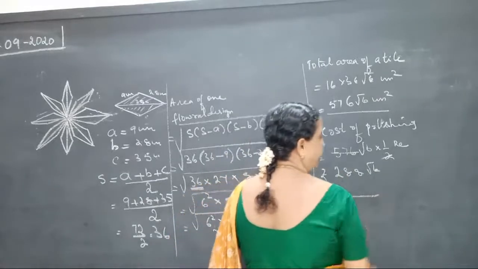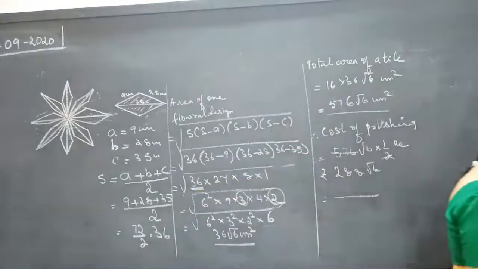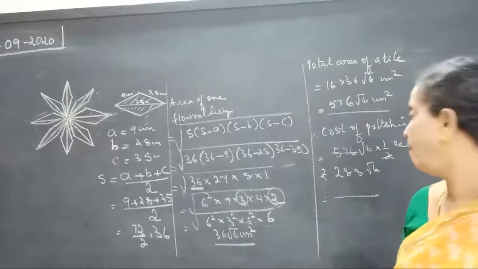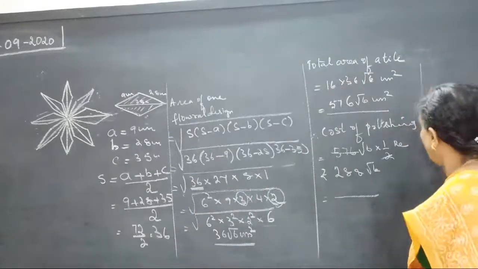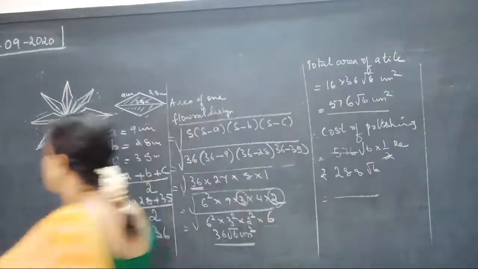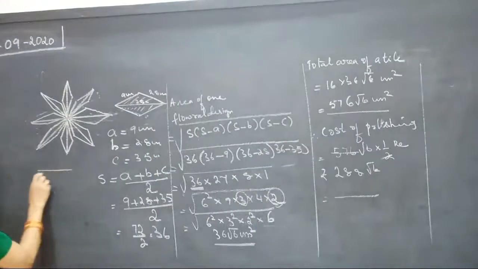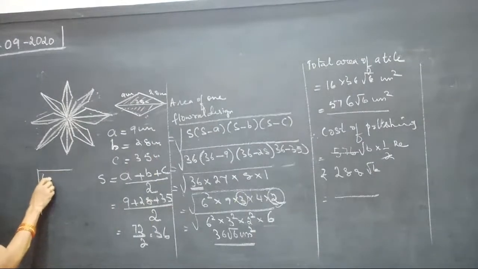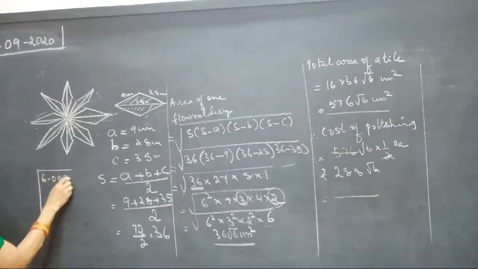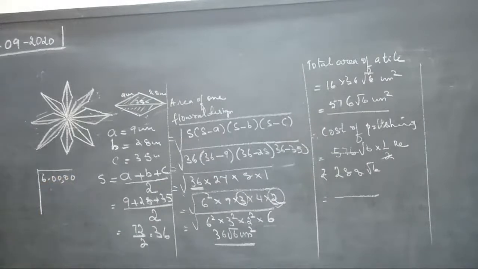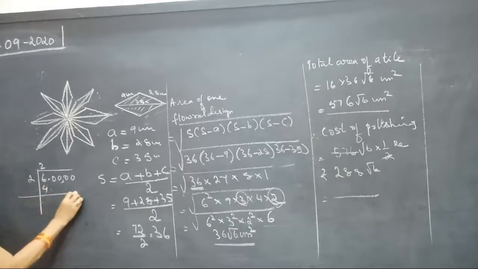Further you can write root 6 value also. Root 6 value, then keep the answer in its decimal form. That is how to find out root 6 value using long division. 6.0000, you just keep. Here you will get 2 2s are 4.